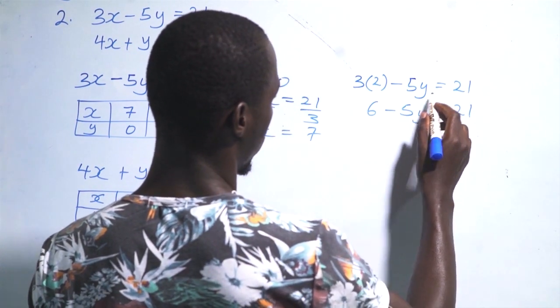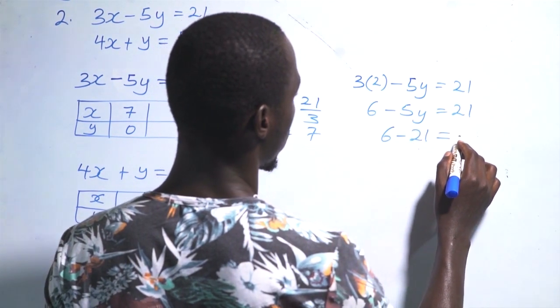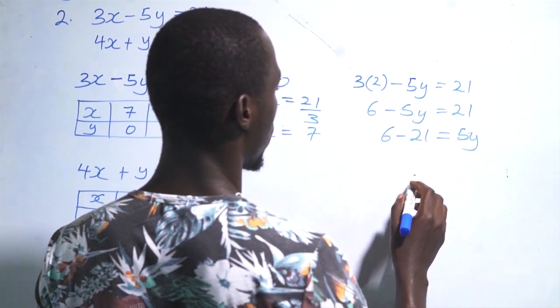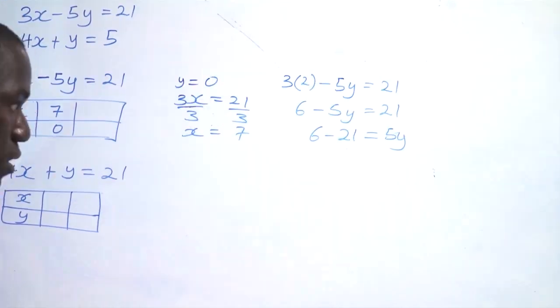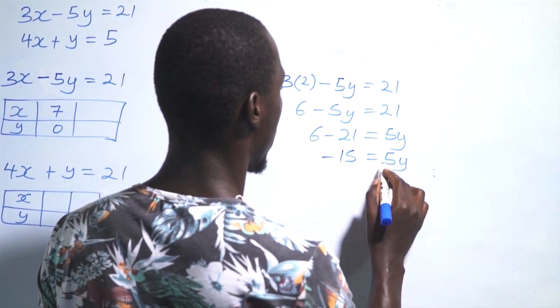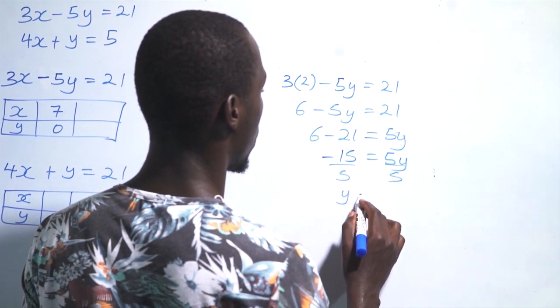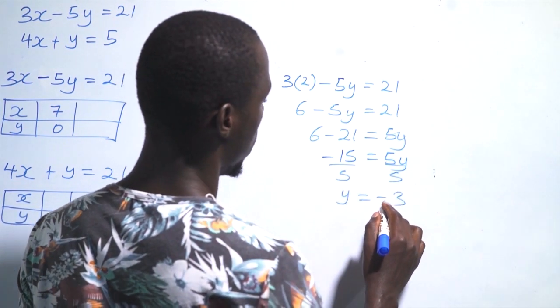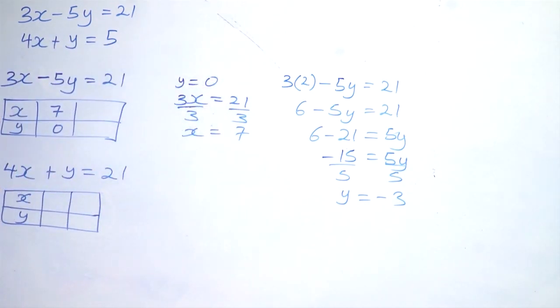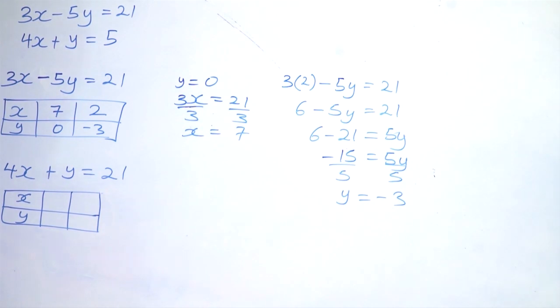I take the 5y to the other side, so this is 6 minus 21 is equal to positive 5y. When I subtract, I get negative 15. So this is 5y. Then I divide both sides by 5. I get the y value as negative 3. So if that one is 2, that one is negative 3.